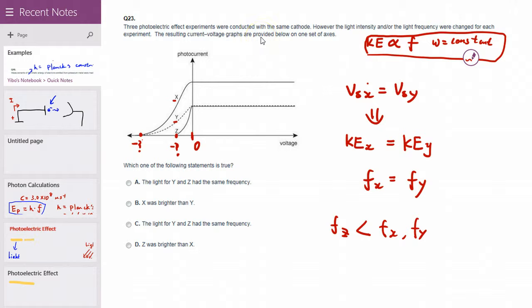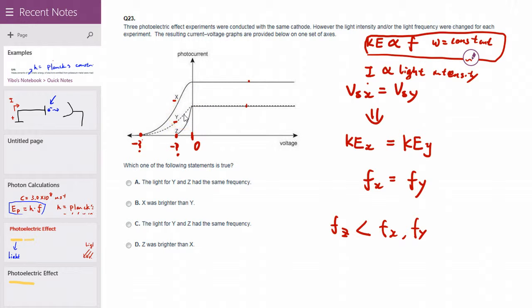Now, what I can say about the light intensity is, remember, the current is an indication of the light intensity. Y and Z have the same current.